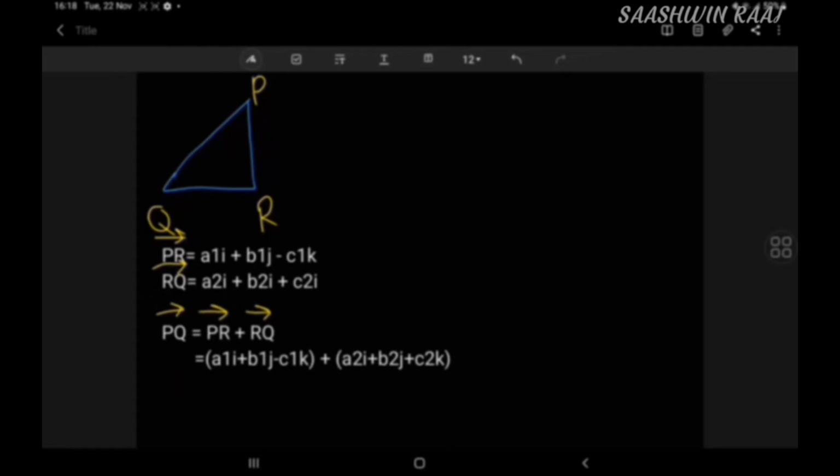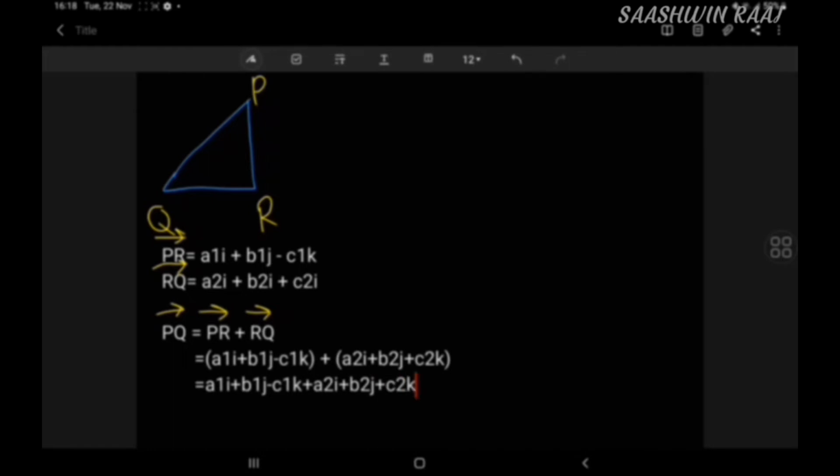Then open the equal and remove the brackets as shown above. Then write the equation without the brackets. So it would be A1i plus B1j minus C1k plus A2i plus B2j plus C2k.